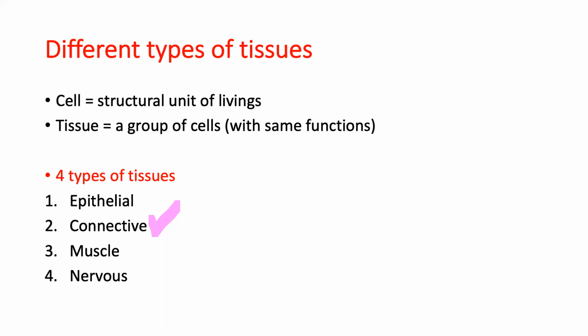And there are 4 types of tissues in our body, which are epithelial, connective, muscle, and nervous tissue. And the bone and the cartilage we are going to talk about today, they are in connective tissue.